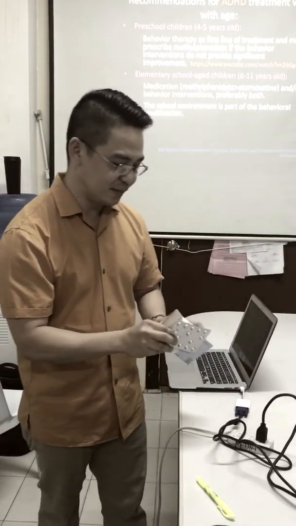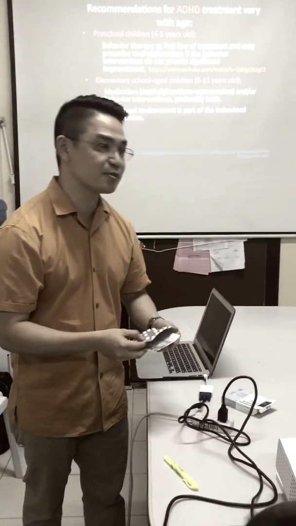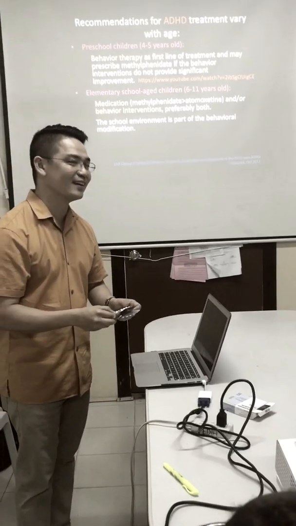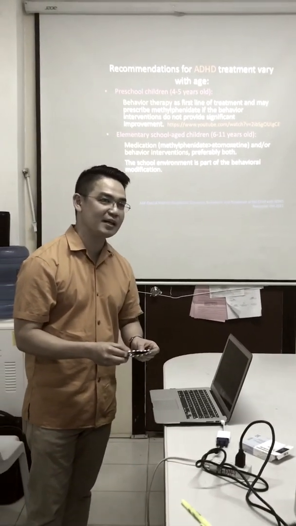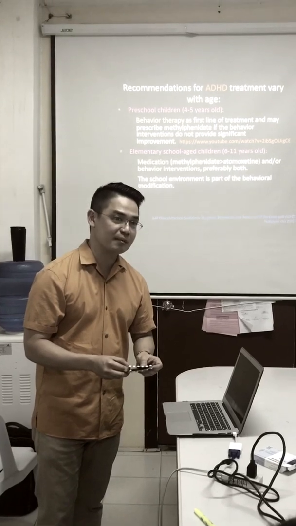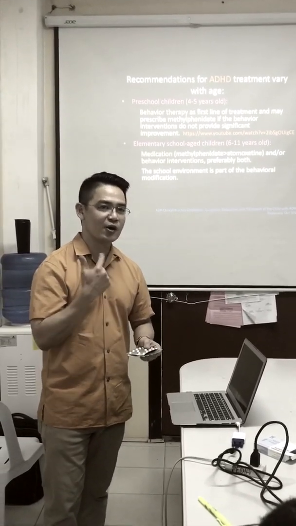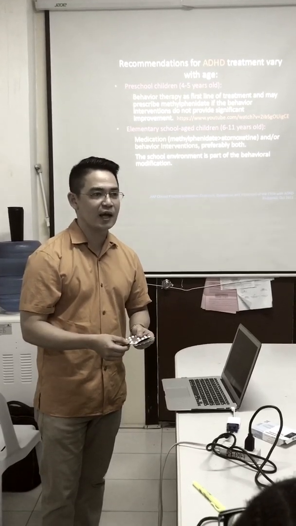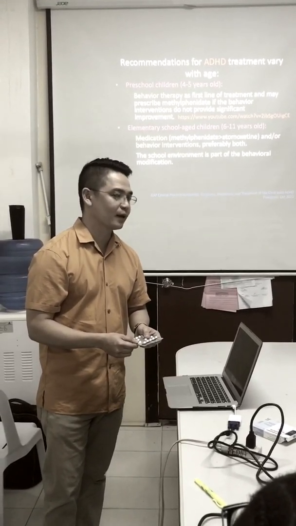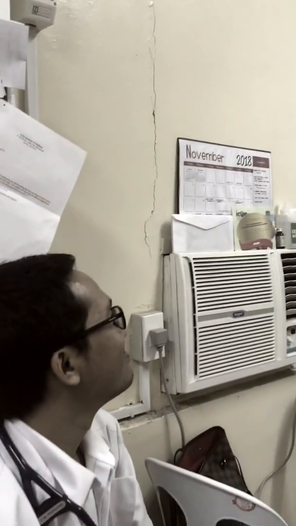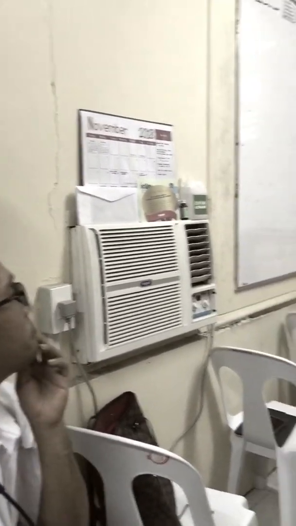So it's a very small tablet. It's the size of your diphenhydramine. Okay, if it's taken correctly and the child responds to it, according to literature, 90% do respond to it, and you have an immediate response within 30 minutes. So what happens is that you have the increased attention span from unpreferred activities, your level of activity is regulated, and your impulse control is much better. It can be abused in certain cases, such as in exams, because it does increase your attention span, and concentration is improved as well.